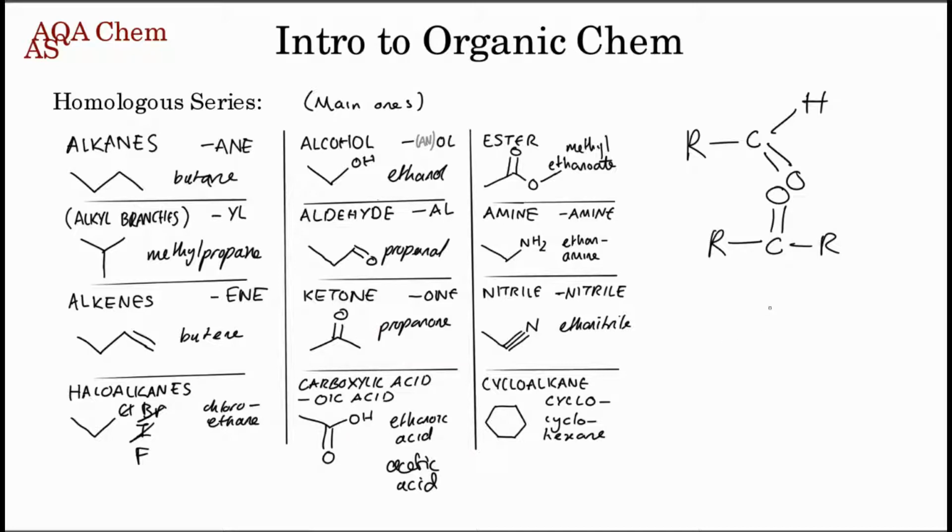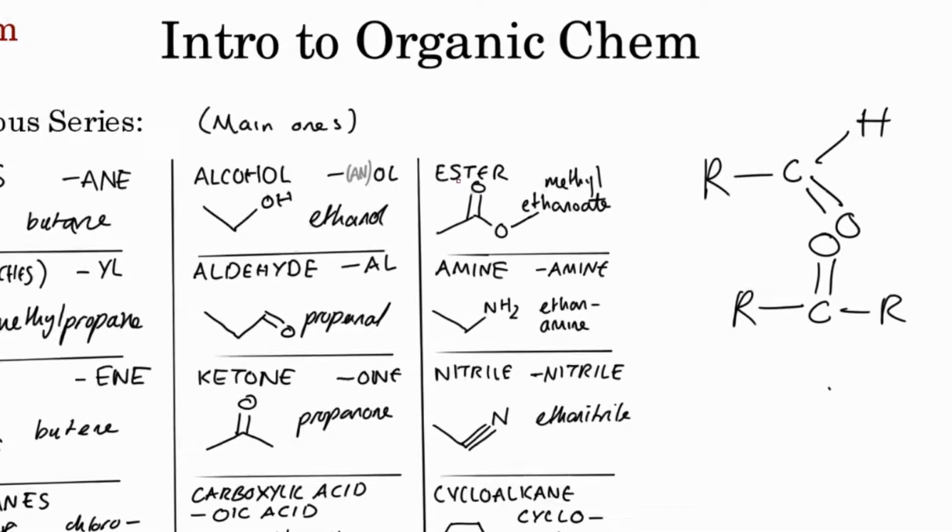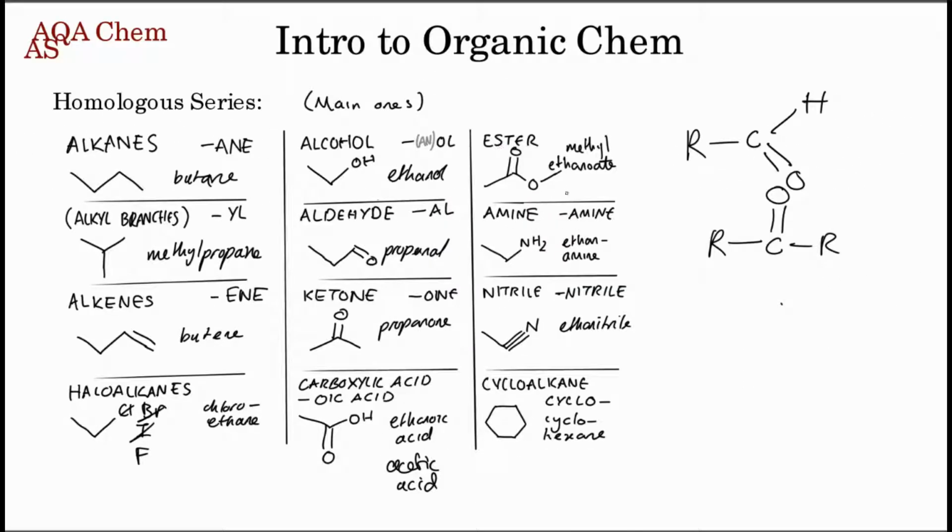It has the C, double bond the O, and then an OH group. And then you got your ester, where you smash a carboxylic acid and an alcohol together and it'll produce an ester. And the ester is the alcoholyl carboxylic acid OH. So this one is the methyl, because there's one carbon here, ethanoate, because there's the two carbons here.